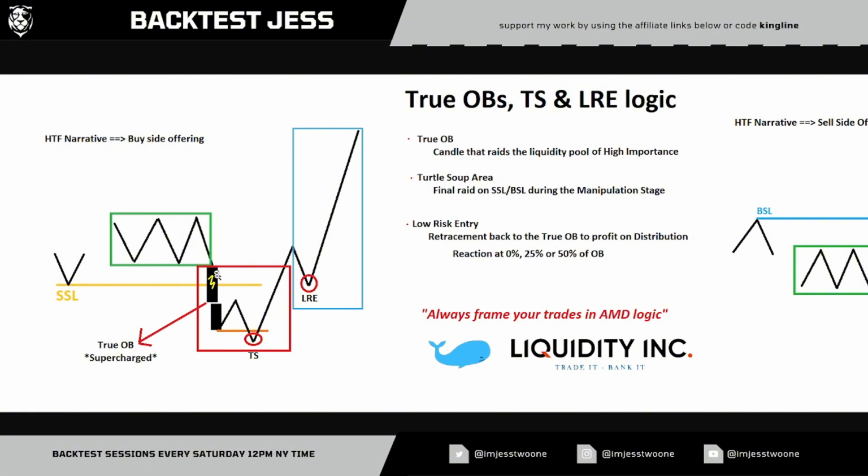So this is the OB being formed. When that OB gets swept, this is the actual soup. Okay? This is the actual turtle soup. And then when it breaks out of that area and returns, which is 1, 2, this is the low risk entry.